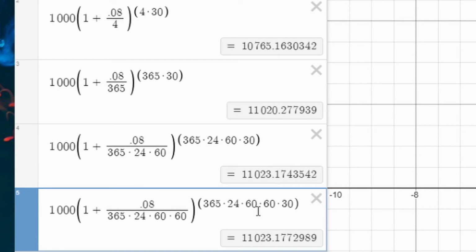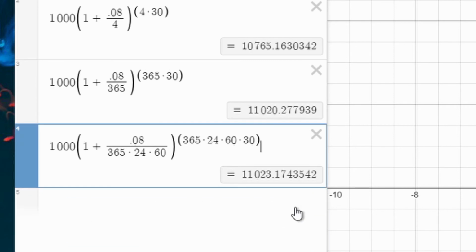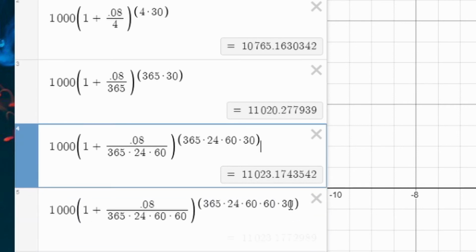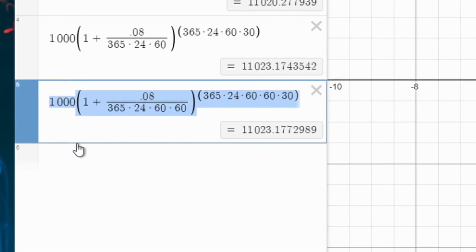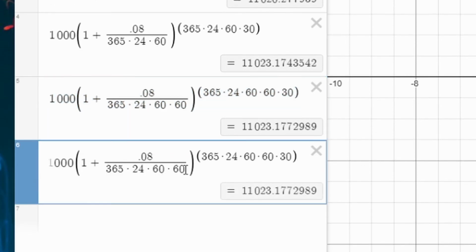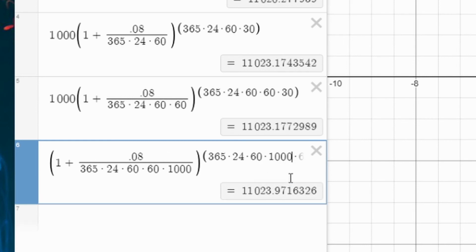Now, can I do even better than every second? Well, whoops, got rid of it. I'm trying to copy this. The expression is getting quite large. What happens if I multiply this, say, every millisecond? So I tack on 1,000 in there, and I multiply this by 1,000.